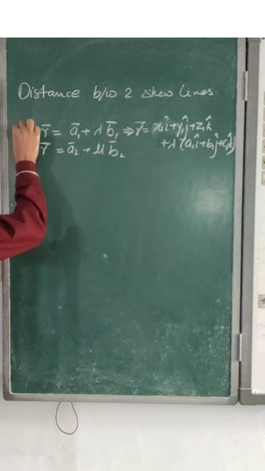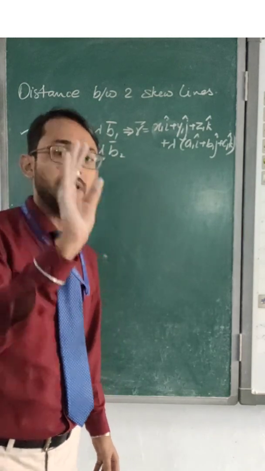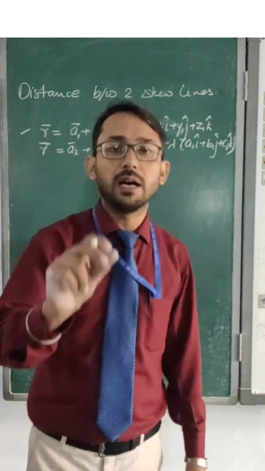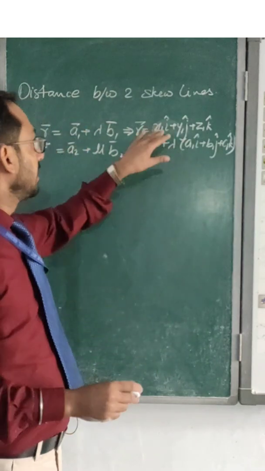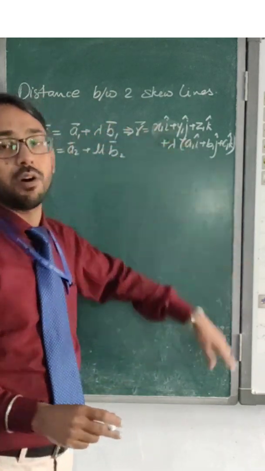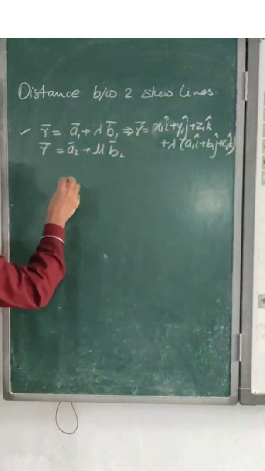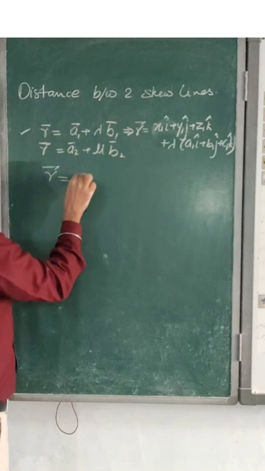So we suppose the first line is r = a1 + λb1. Another line is r = a2 + μb2. These are the two different lines. I am writing them in the form of point and direction ratios also.